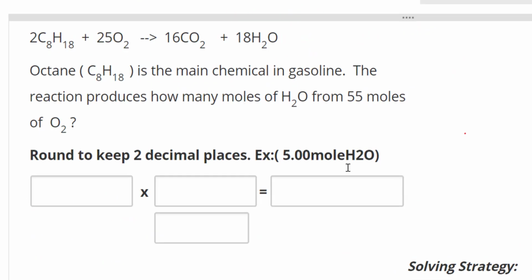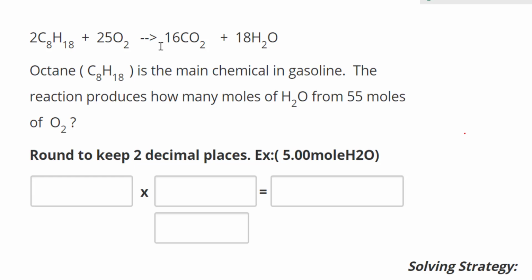Let's try another problem. Here we have a balanced chemical equation. And how do we know? Again, the coefficients there. Or you can just double check. If it is balanced, you can think of the arrow as an equal sign, or you can think of the plus sign as an equal sign. So that tells you we have 2 moles of, in this case, C8H18. That is your octane.